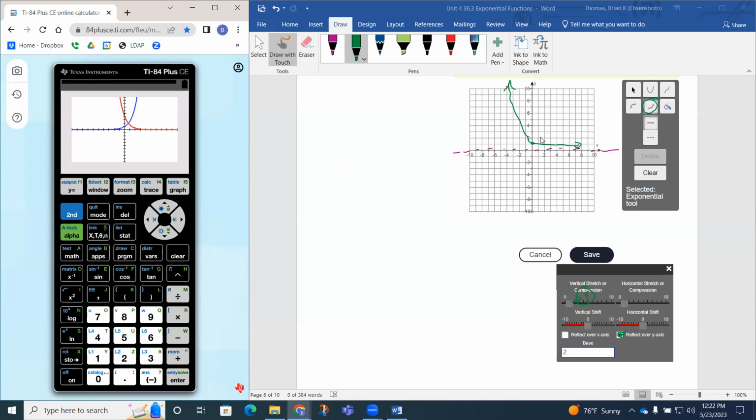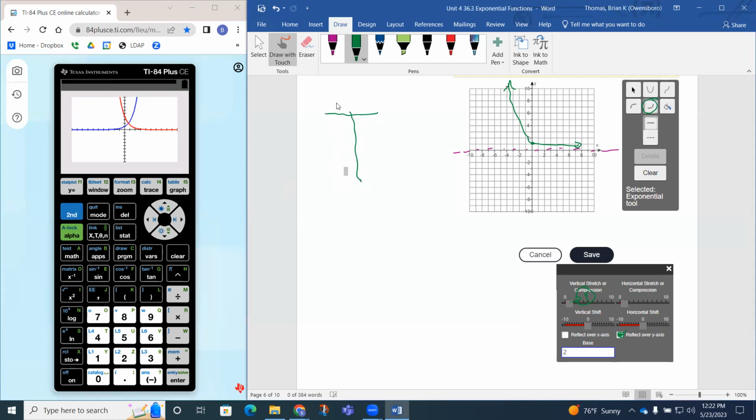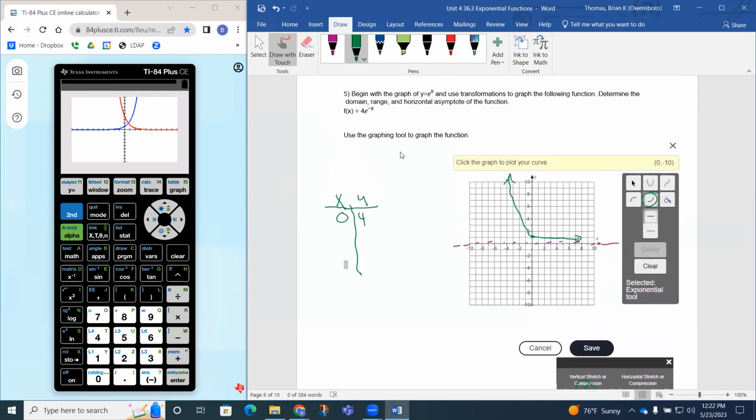So what happens is the y-intercept does change by a factor of 4, so I didn't do that correctly. There was a vertical stretch there, so instead of being at 0, 1, it should be 0, 4. If I put 0 in, that's going to be 4 times e to the negative 0, but negative 0 is just 0.